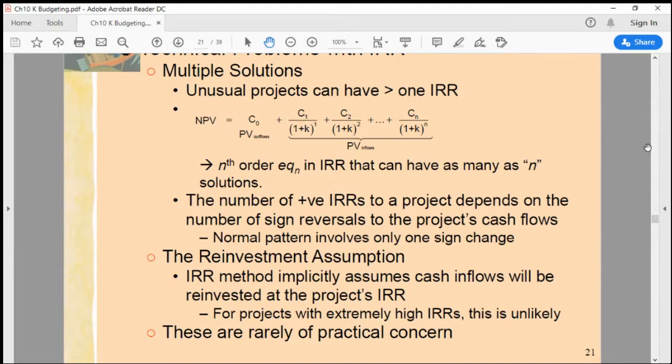But the assumption is this cash flow is reinvested at a constant internal rate of return.